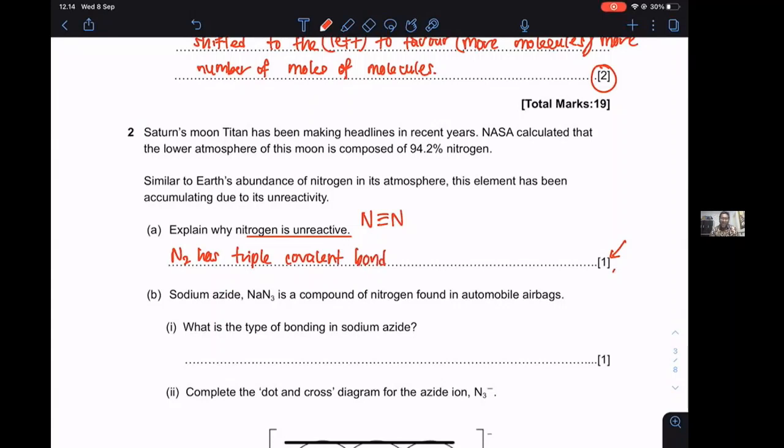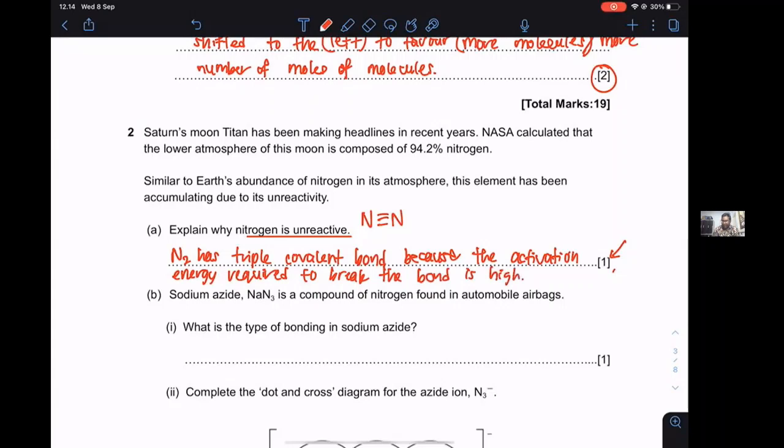And you need to explain why. Because the activation energy, or the bond energy, required to break the triple bond is too high. As long as you mention this, then you're good enough. You can get that 1 mark.